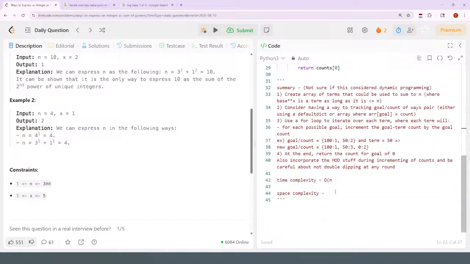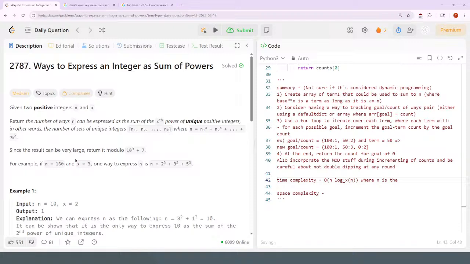If you have a power of 1, but if you have log base 2 of 5, that's roughly... So in theory, this would be log base x of n, where n is the goal value and x is the power.